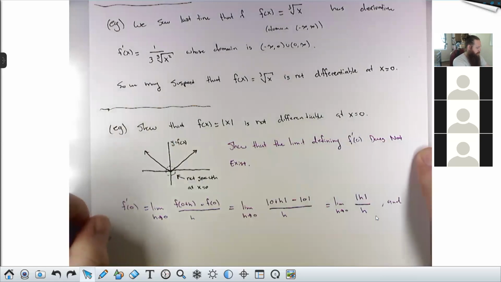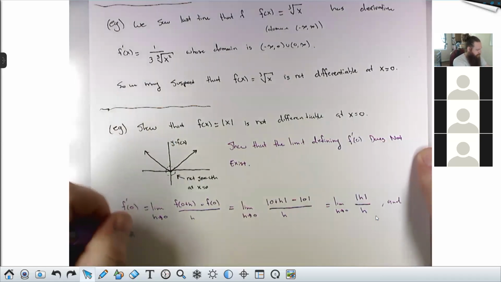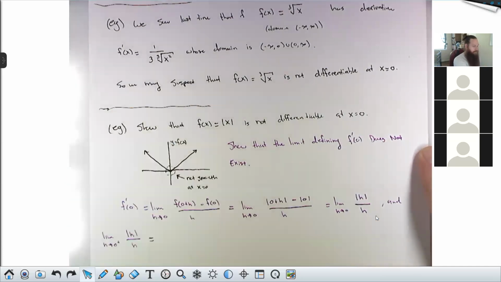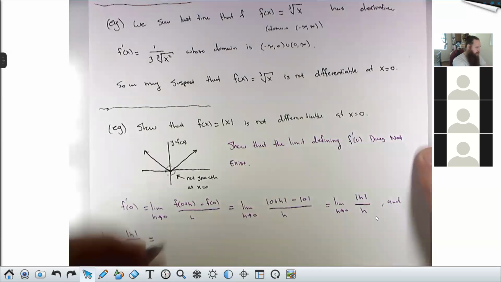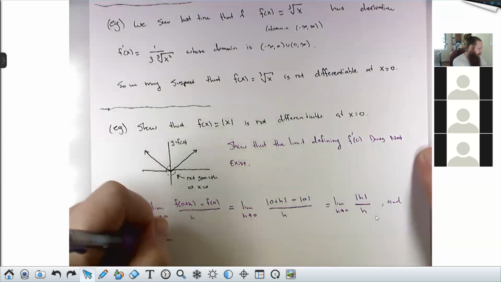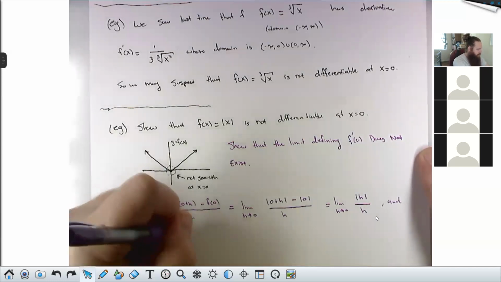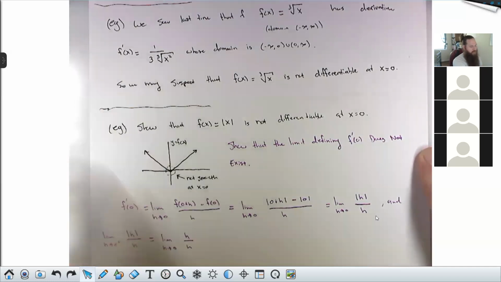So the limit as h goes to 0 from the right of the absolute value of h over h, what is that going to be? Well, if I put in numbers that are just a little bit bigger than 0, then those numbers are positive. So the absolute value of those numbers is just those numbers themselves. In other words, if h is just to the right of 0, then the absolute value of h is h.